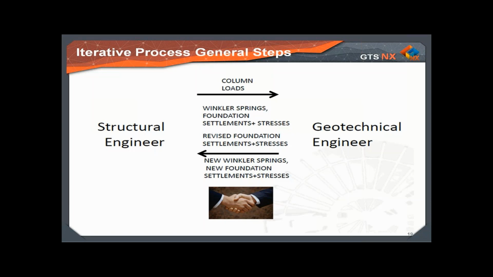Then the structural engineer runs their model and determines the foundation settlement and the stress under the loads. They compare with the geotechnical engineer and either they are closing up or the geotechnical engineer needs to revise the springs and come up with new foundation settlements and stresses. This process keeps going until the settlements of the structural model and geotechnical model are closing up.